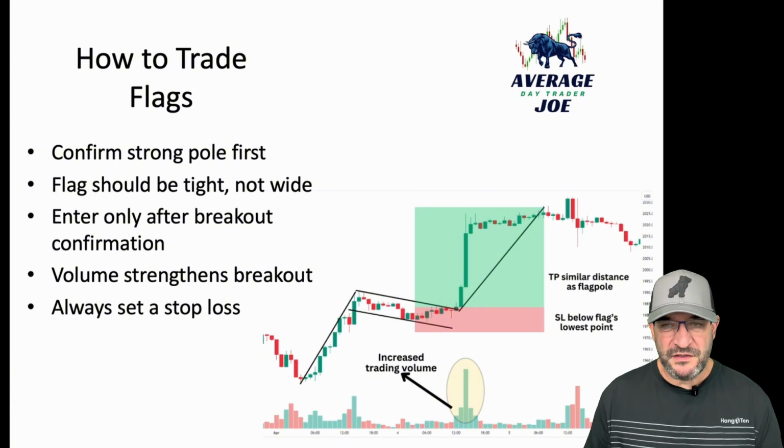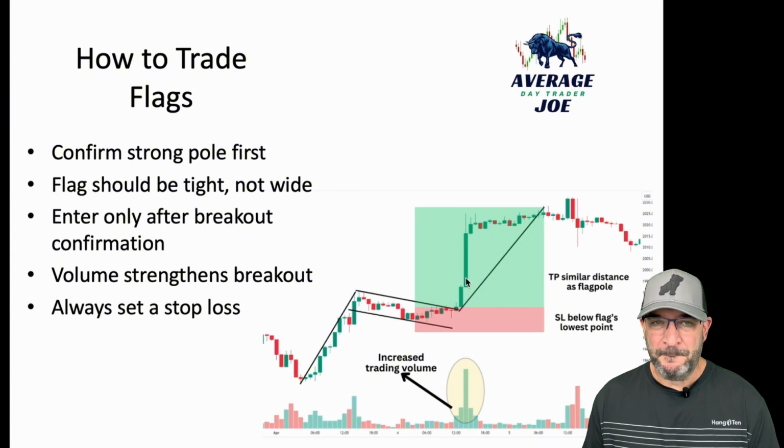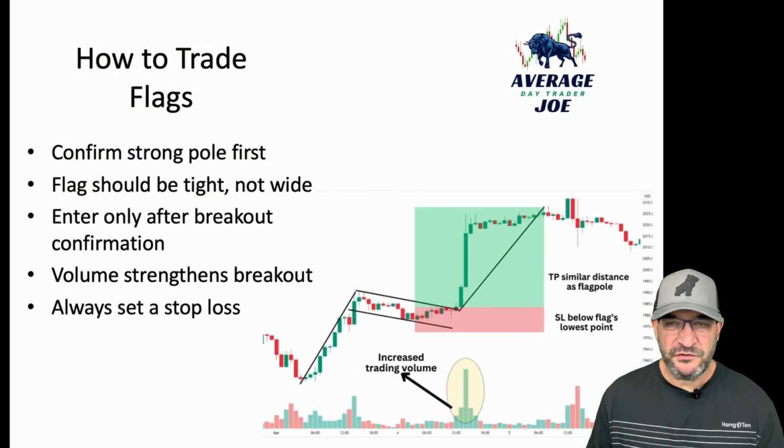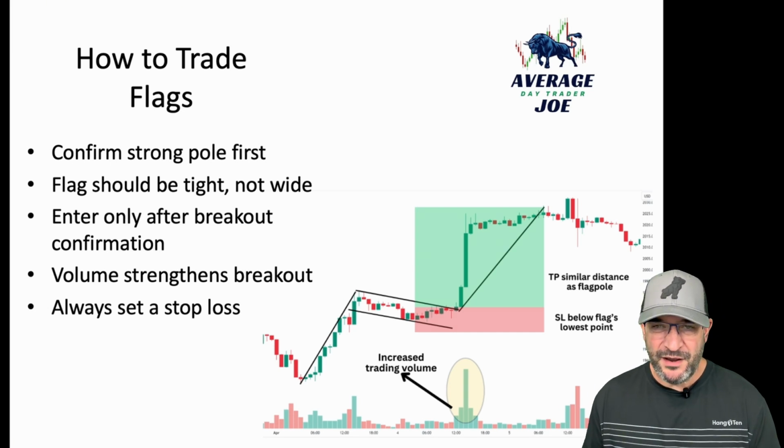You don't want to jump into this too early. So you basically are waiting for the breakout. You can see this nice engulfing candle, which gives you that bullish sentiment that it's going to run. And then you enter after that breakout confirmation, and it runs up. Volume also shows you here.